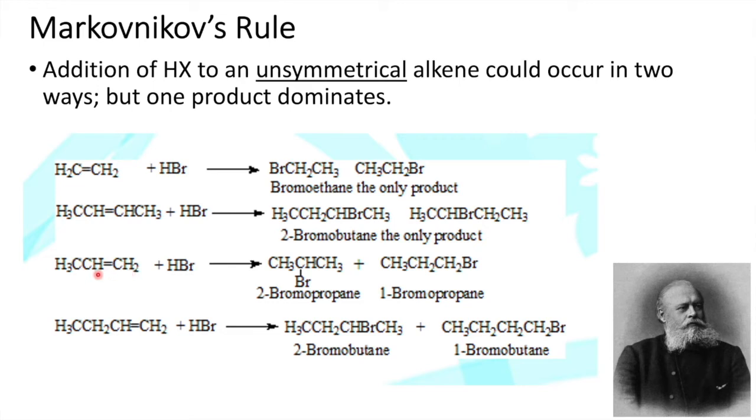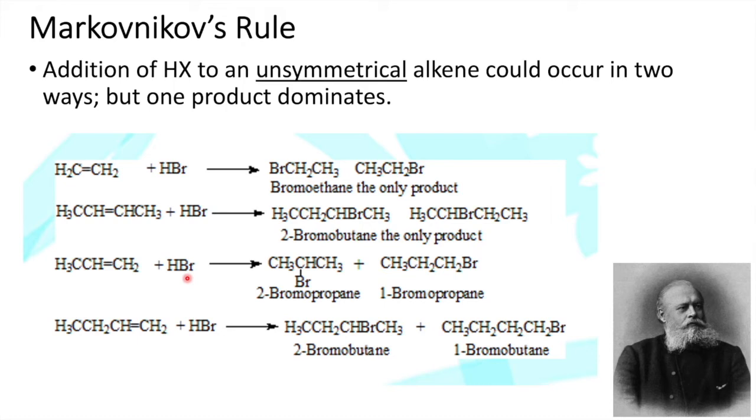This side of the double bond has 1 hydrogen and 1 carbon. These particular examples, I always suggest that students draw these all out because they're sometimes a little bit tricky to see when they're lined up like that. But anyways, you have to figure out what side the hydrogen is going to add to and what side the bromine is going to add to.